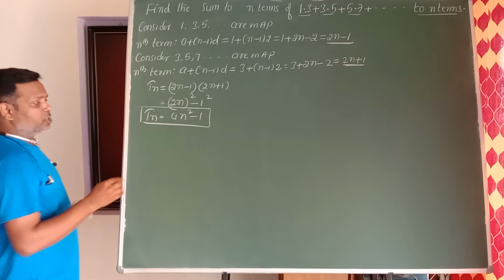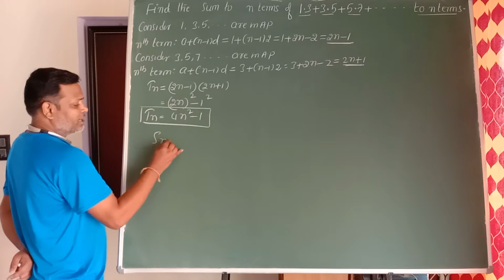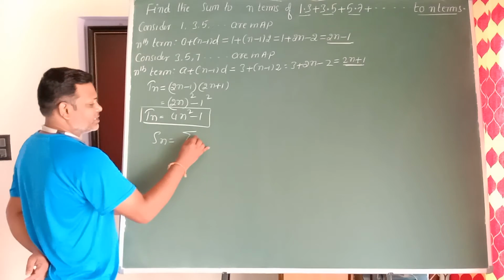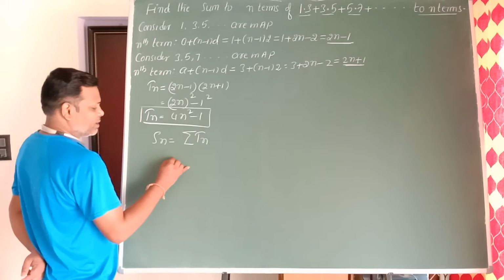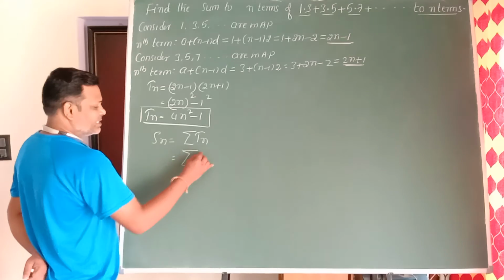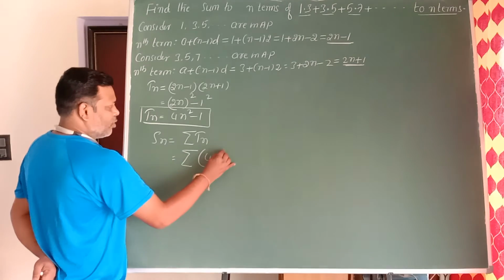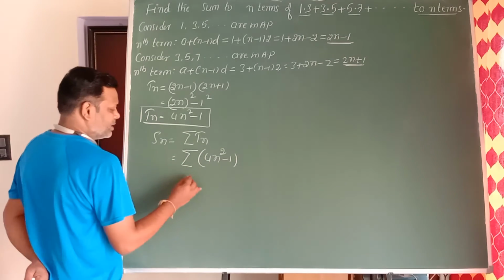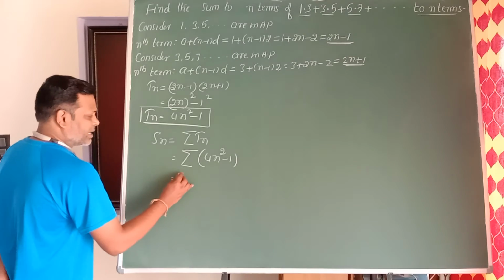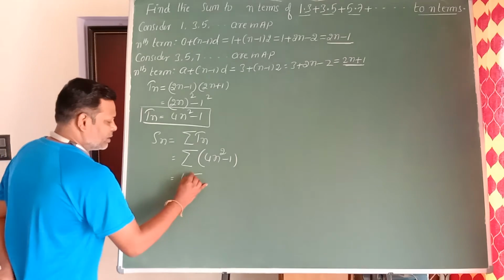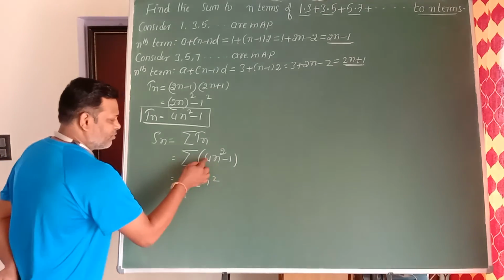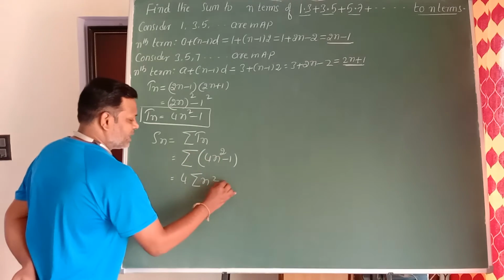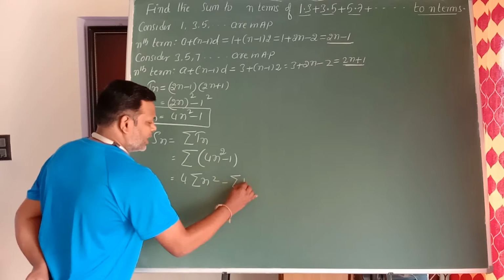Now we have to find out Sn. Got my point? So Sn is given by the formula: as you know, Sn is equal to sigma Tn, right? That is equal to sigma of Tn, and Tn here is 4n square minus 1. Separate it. Can I take it like this? 4 outside, 4 into sigma n square minus sigma 1.